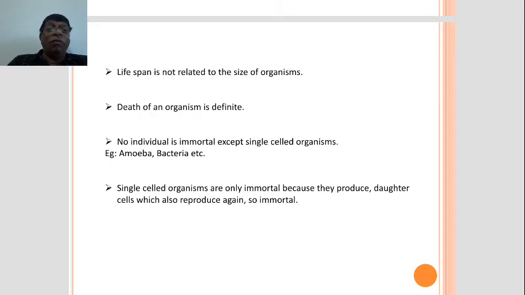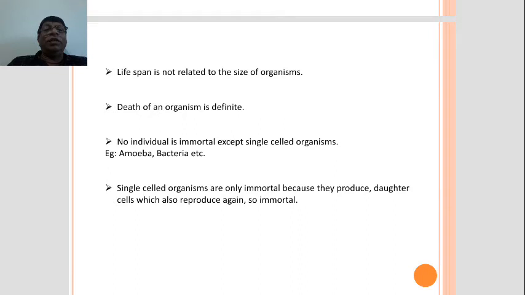How? Look here now. They are immortal because during their lifetime they reproduce and produce the young ones or the daughter cells, you can say now. The daughter cells again divide and produce further daughter cells. Those cells again divide and produce the cells.